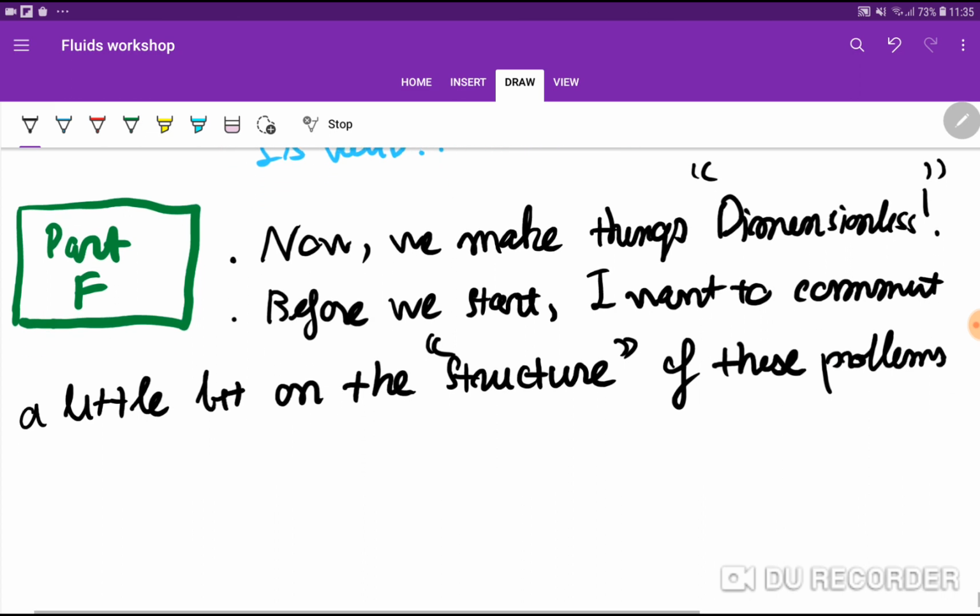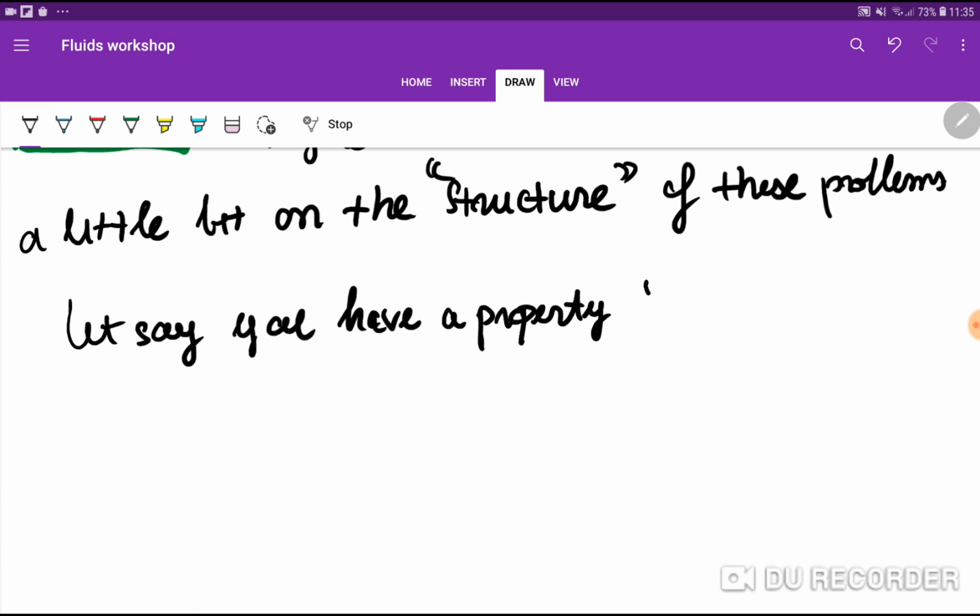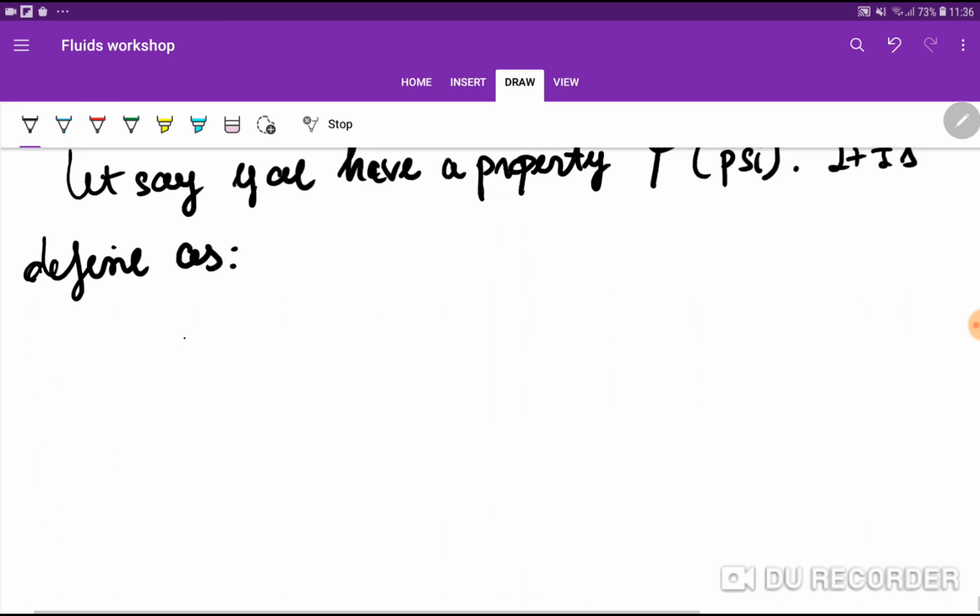Okay, so what is all this about? So let's say you have a property psi. It's a Greek letter. So it is defined as psi equal to psi star times psi CH.